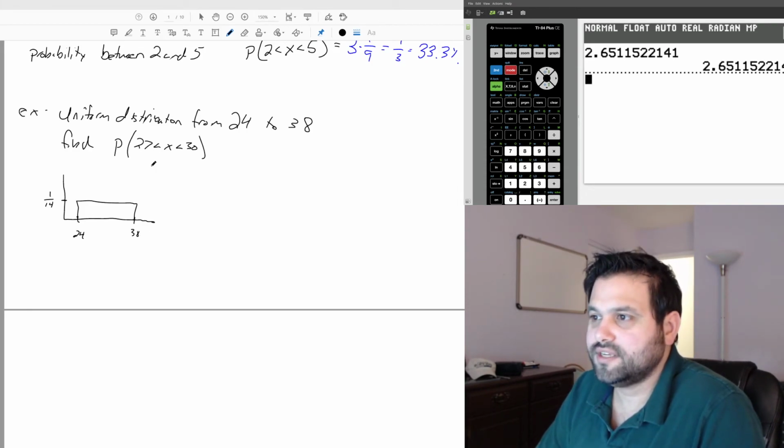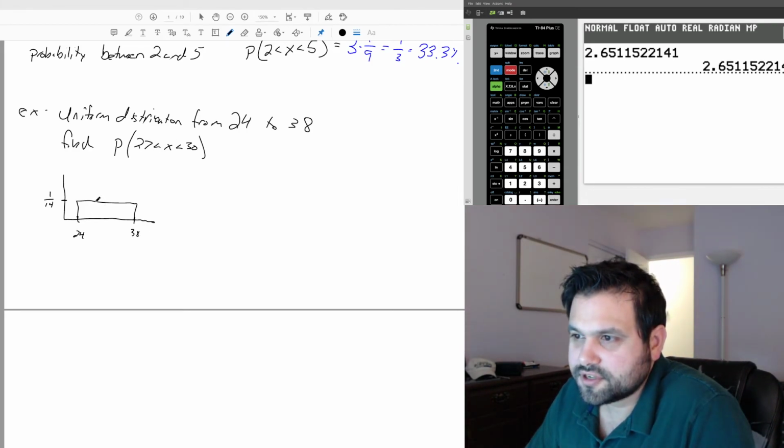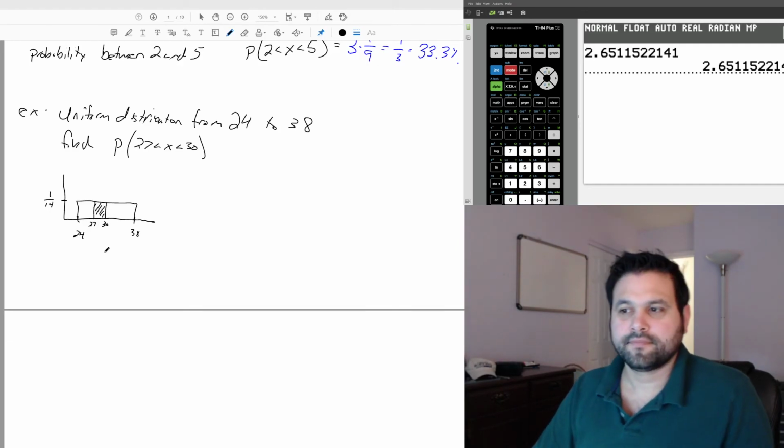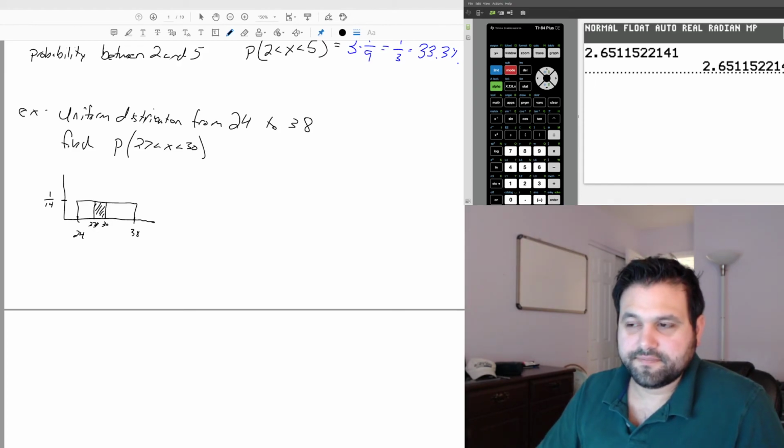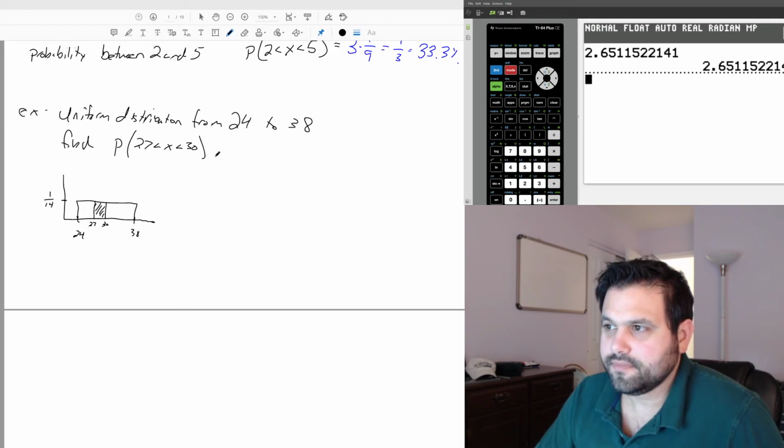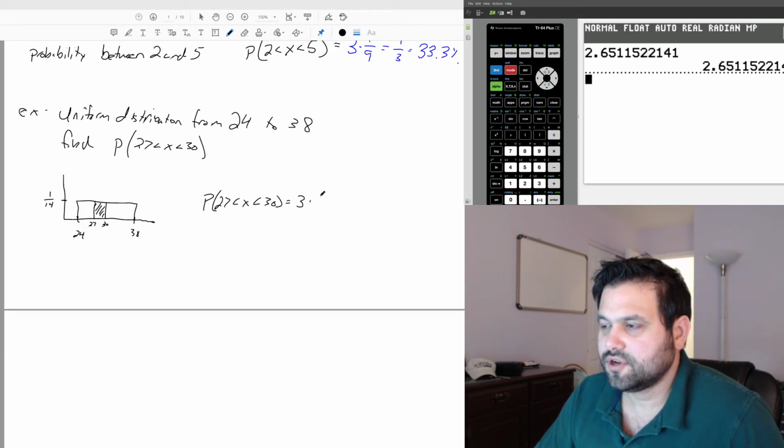Okay, so now 27 to 30, well, I'm going to find where that would be, maybe right there. So I'm finding this area. The length of that rectangle would be 3. So the probability of 27 to 30 is equal to 3 times 1 over 14.